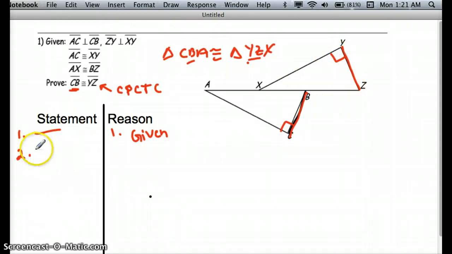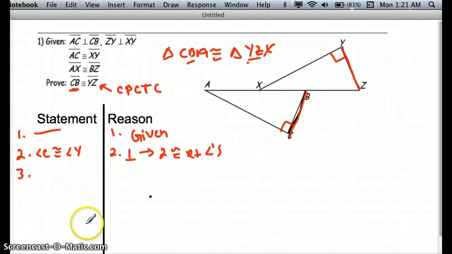Okay, so those two markings are showing that angle C and angle Y are right angles. So we can say angle C is congruent to angle Y, and the reason is perpendicular implies two congruent right angles.